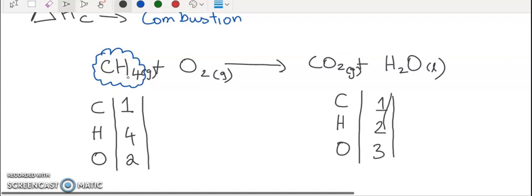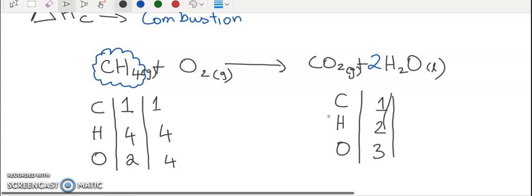So then let's look at hydrogen. We've got four hydrogens on this side, but only two. So now what I'm going to do is multiply a 2 here, and therefore our values are going to change. There's only one carbon here, so it stays as one carbon. And we've got four hydrogens here, and we've got four oxygens here.